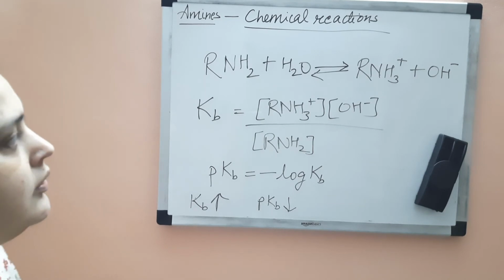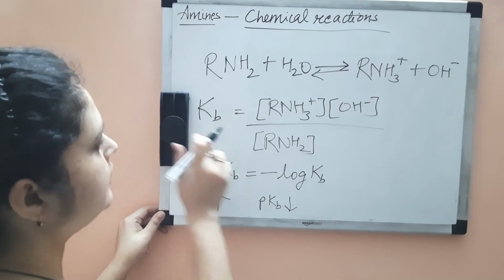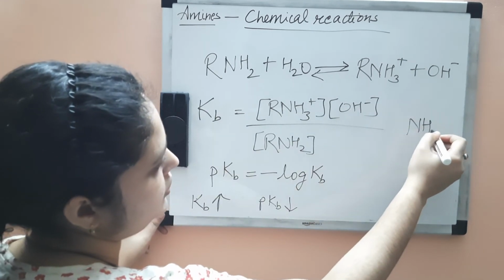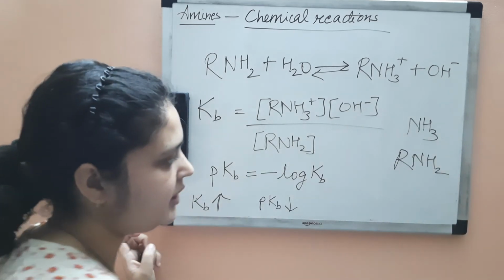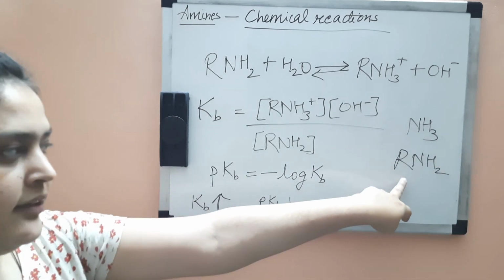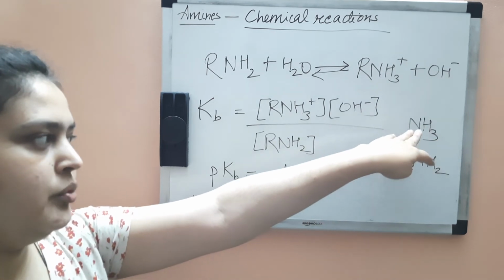Now one more thing: if you compare ammonia, that is NH3, with your alkyl amine or aliphatic amine, then the aliphatic amine will have a higher basic nature compared to ammonia. Why?